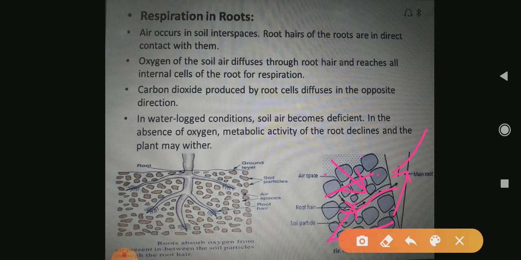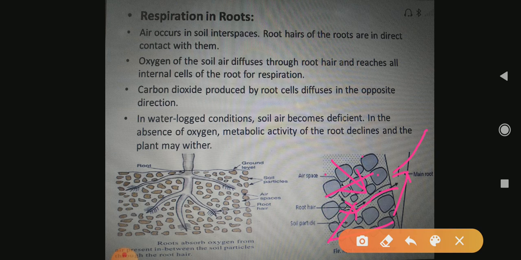In the waterlogged condition, if water is filled all around in all the spaces, then the soil becomes deficient in air, because when water fills in, obviously air will come out, and then there will be too little air for the roots to absorb.